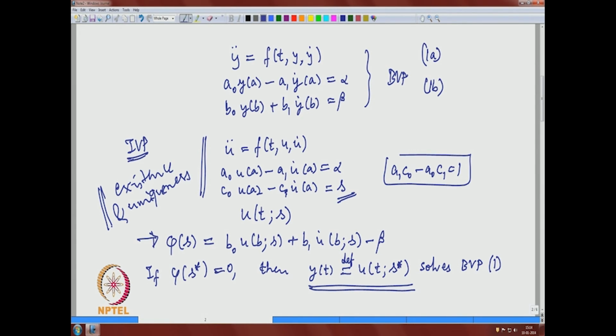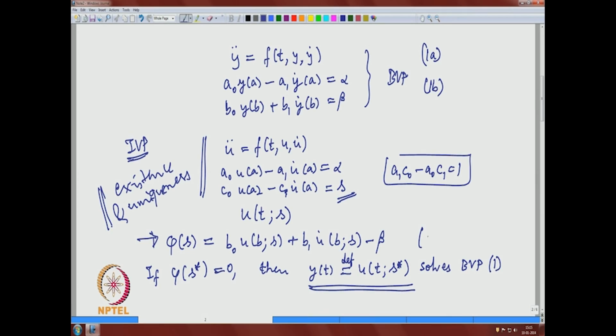If this has no roots, then by this method we are not able to produce any solutions of the BVP. Okay. So, remember here phi is from R to R, okay, and soon we will state a result where existence of roots is guaranteed, with conditions on phi.